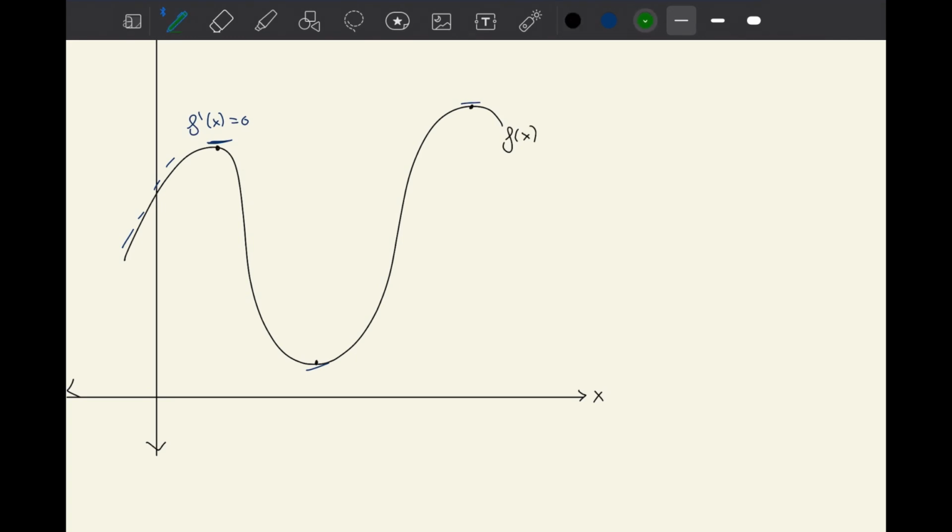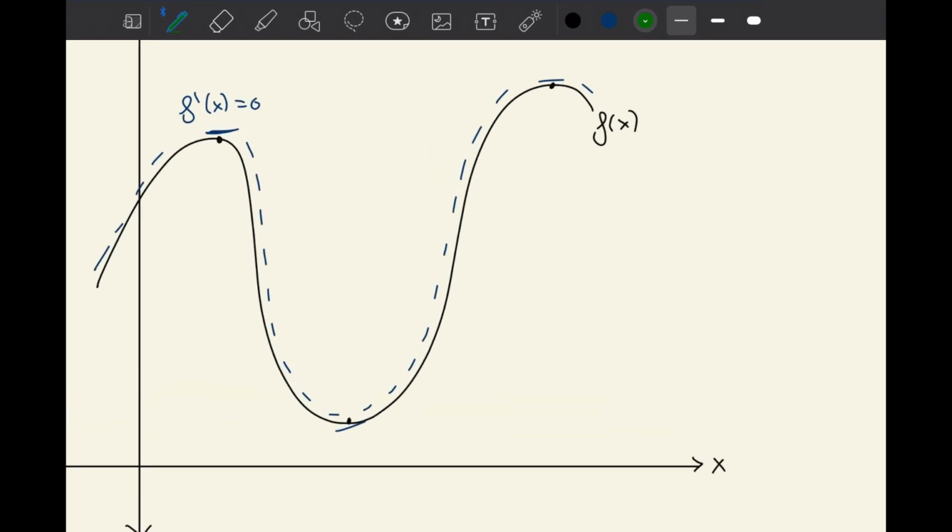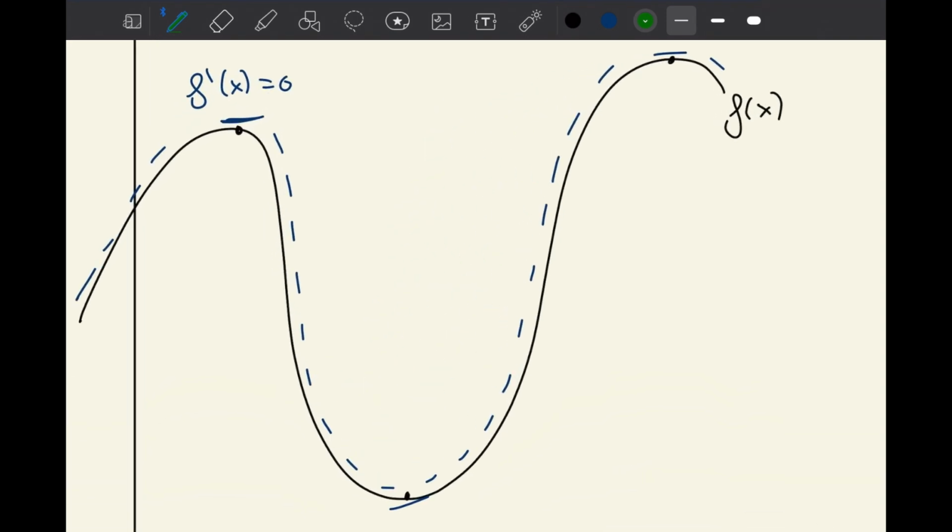Now if we think about the second derivative, let me quickly draw these little lines in order for you to be able to see exactly what I mean. So let's say that these lines are the tangents or the slopes. Obviously this is very broad, but you can see that here the slopes are decreasing.